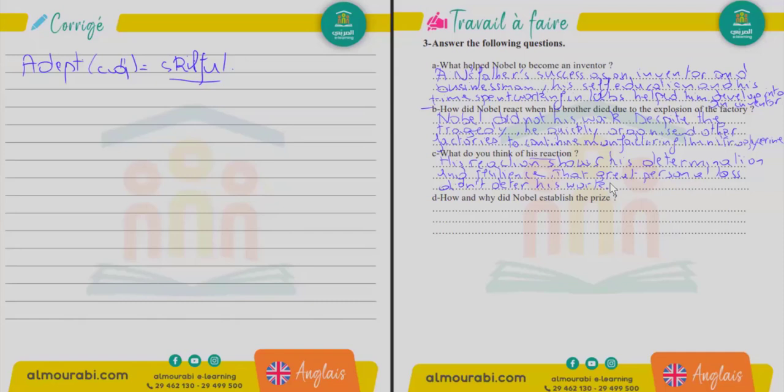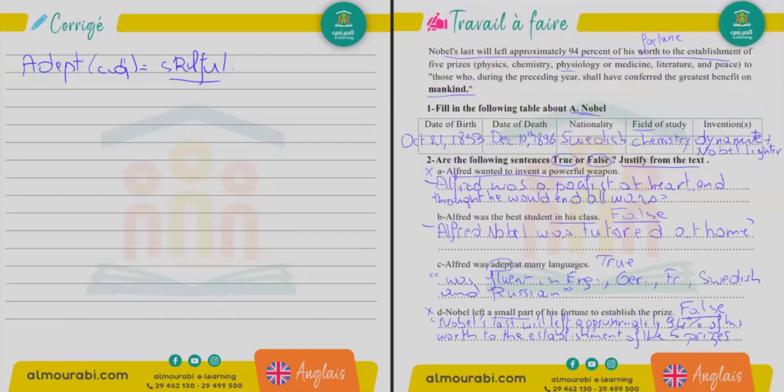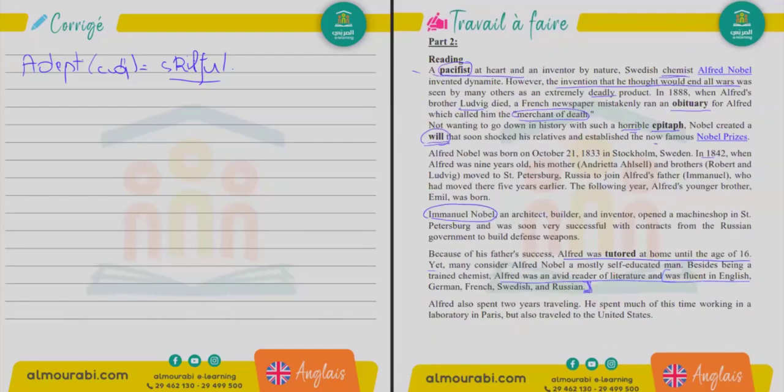How and why did Nobel establish the prize? He did it out of regret? No, the text doesn't show regret, but it shows what? It was a reaction to what?